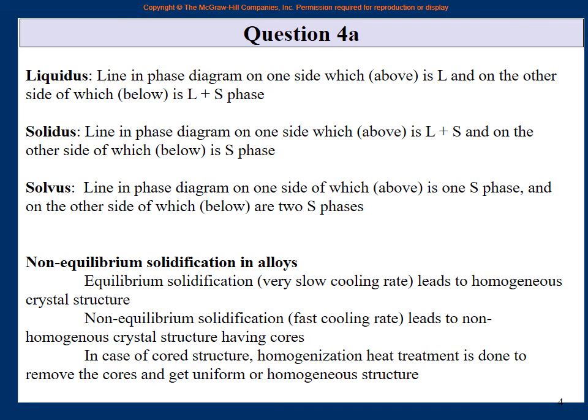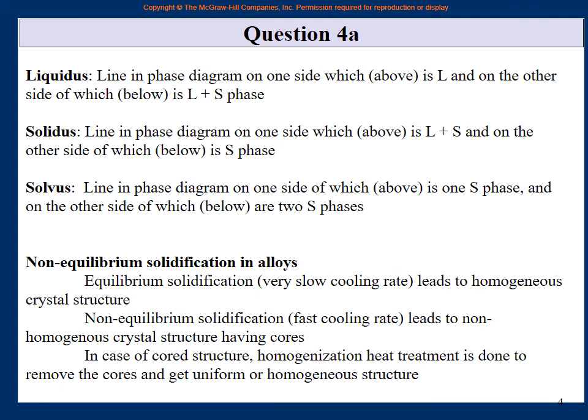I am reminding you that equilibrium solidification, which is generally at a very slow cooling rate, leads to a homogeneous crystal structure. This is critical. Homogeneous means there are no cores; there is the same alpha and beta everywhere.